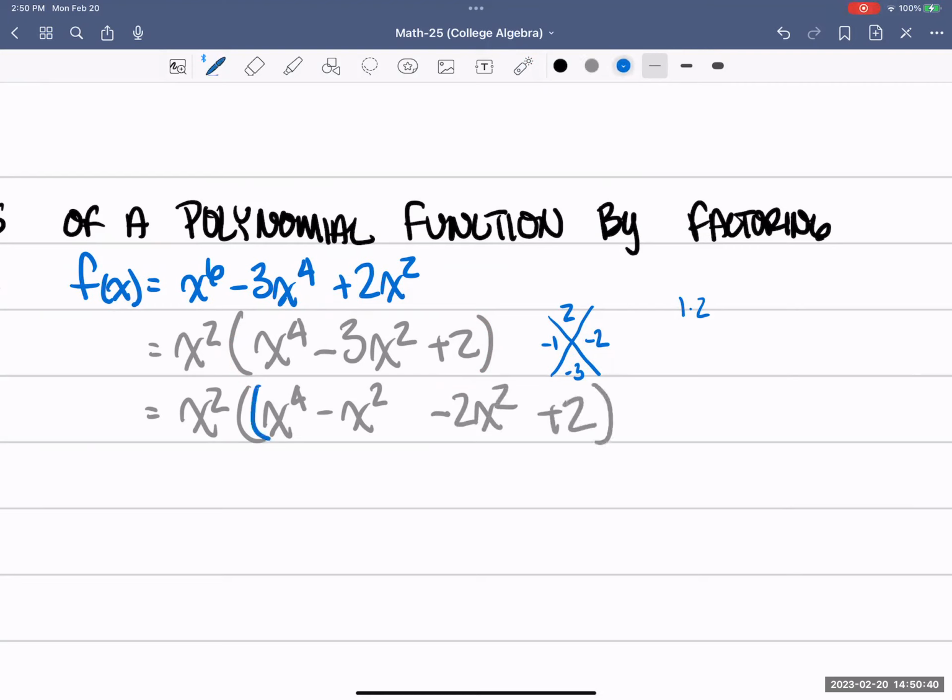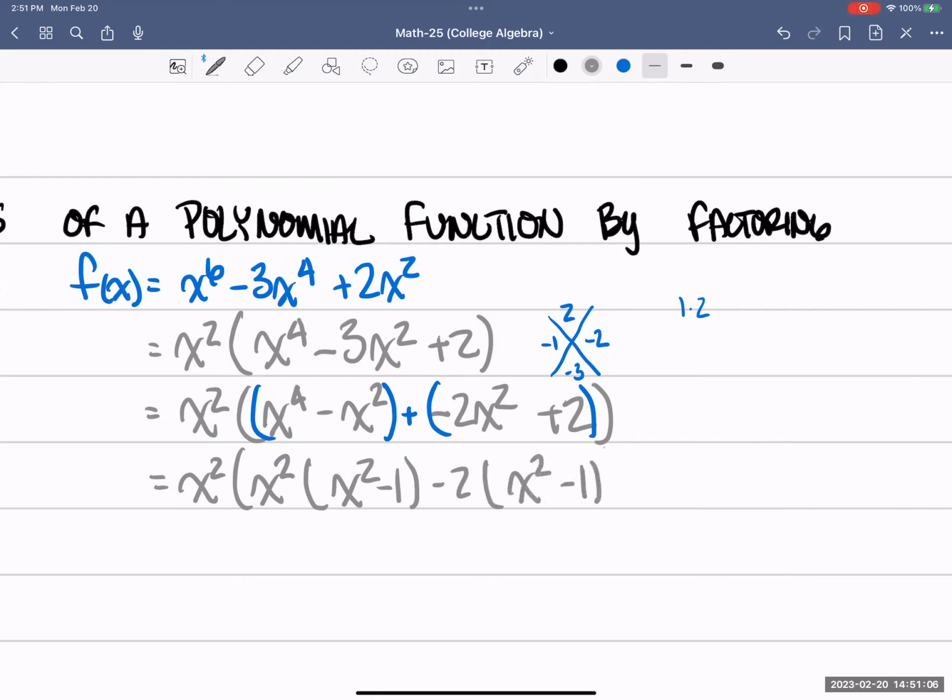And then we're going to group the first 2 terms together, grouping the second 2 terms together, making sure that there's a plus in the middle, and factor out as much as you can from each of those parts. Here we could factor out at most an x squared, leaving us with x squared minus 1. Plus over here, we could factor out a negative 2, leaving us with x squared minus 1.